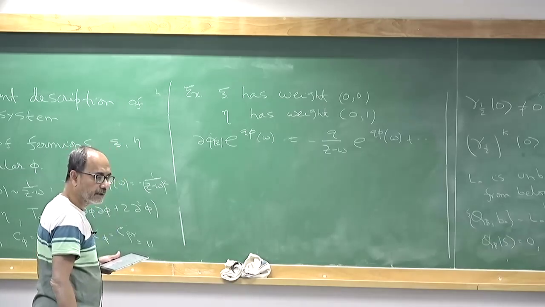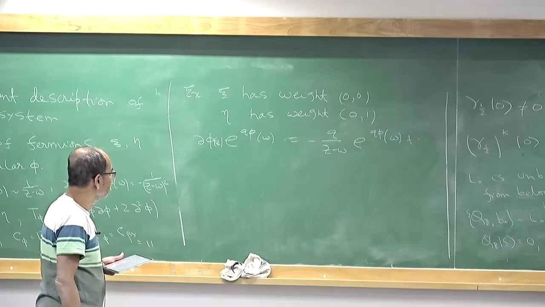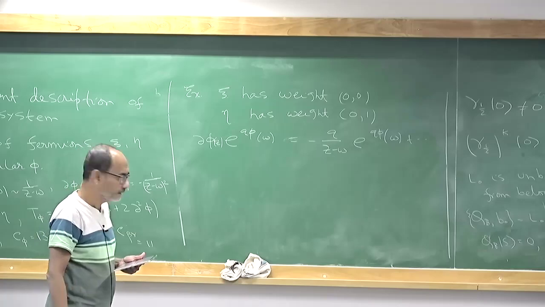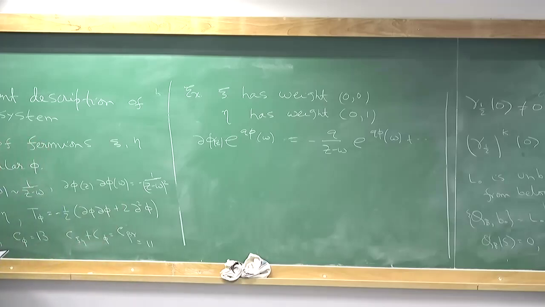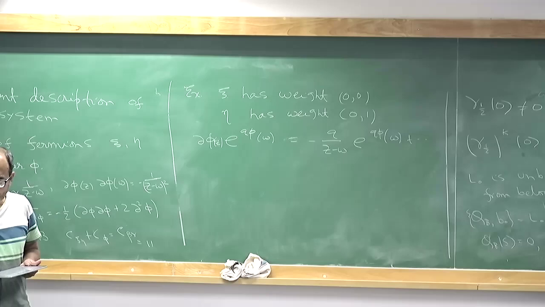Just we need the phi. I have given it here; you can work out phi from there. Except phi is not a conformal field, so I didn't write it that way. E to the q phi is. No, it's not a primary. Del phi is a good field.